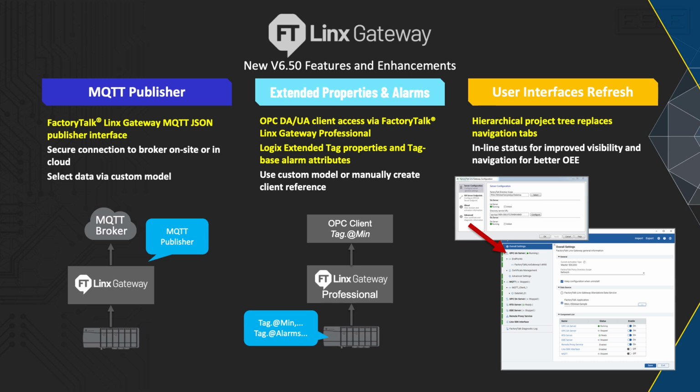What Gateway does is provide the ability to do MQTT publishing, which is an IoT protocol to send data to an MQTT broker, using a publisher-subscriber model. This has been around a long time; it's just now that Rockwell has decided to adopt it.